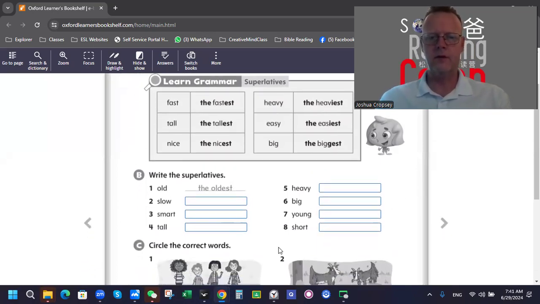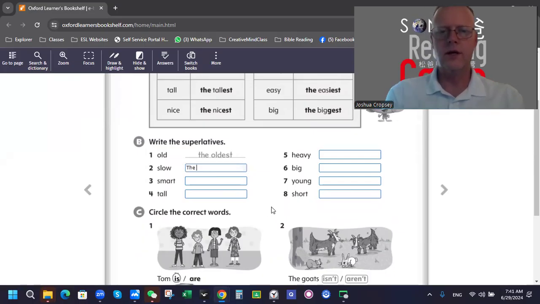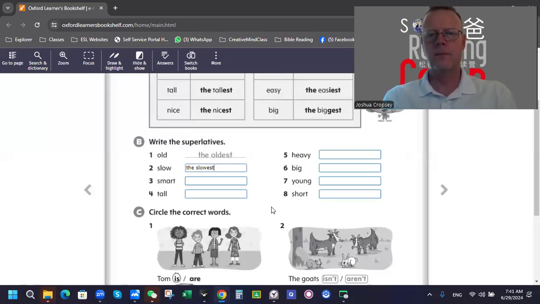All right, let's see if we can do this. Old, the oldest. Slow, the slowest. Smart, the smartest. Tall, the tallest.